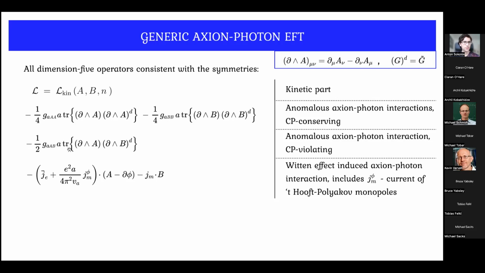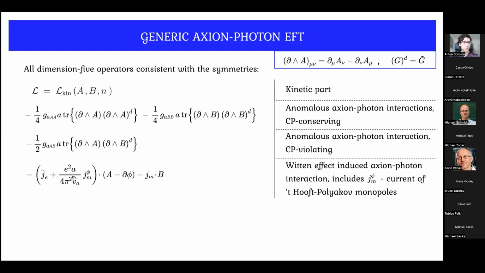It is still just a total derivative, and so the axion still has a shift symmetry. But what is interesting about this coupling is that it is CP violating. As I said, A and B have different CP transformation properties. This is interesting because in normal axion electrodynamics, the interaction is CP conserving. So we expect some extra effects associated with this coupling.